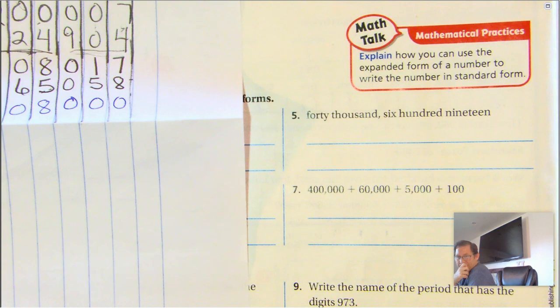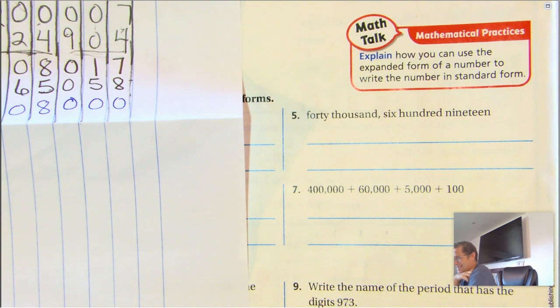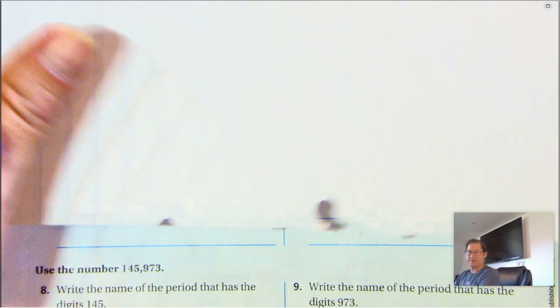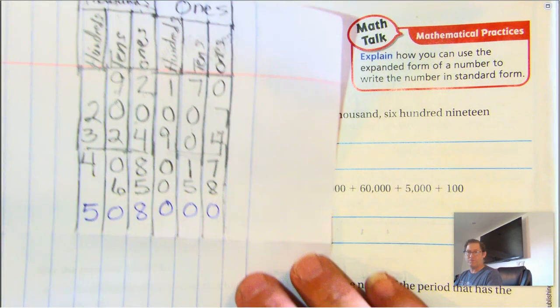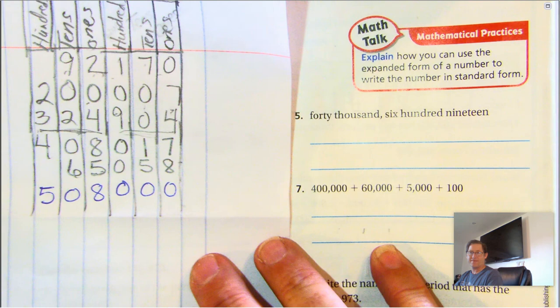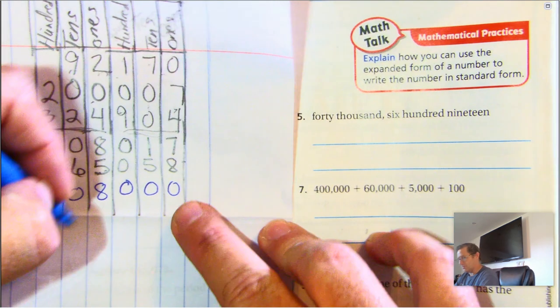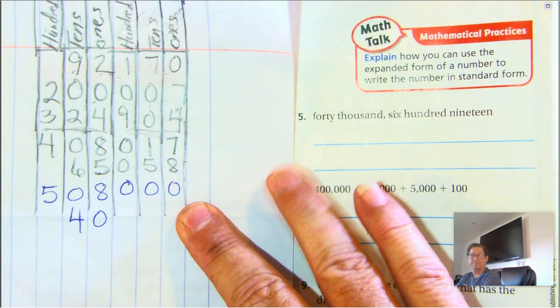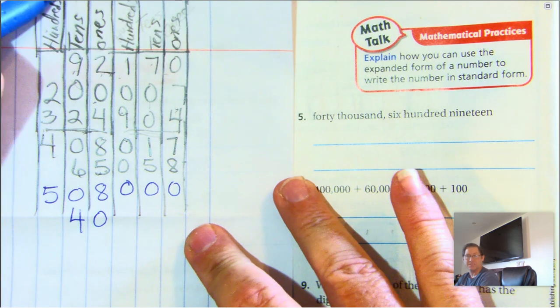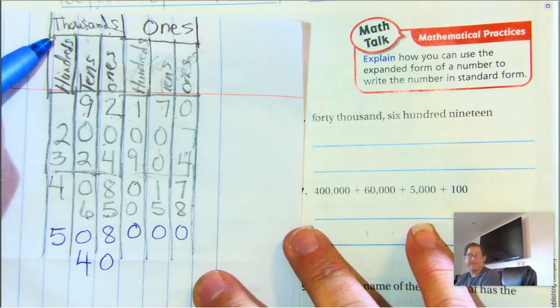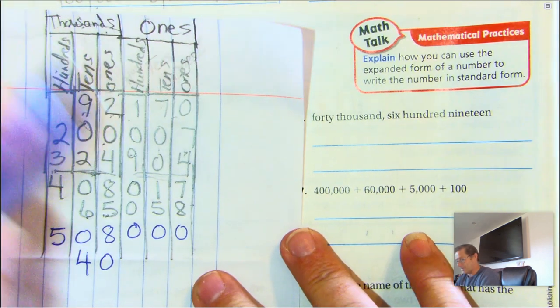So now we have 40,619. All right, so we can do that. How do we write 40,000? So 40 in the thousands place. 40 in the thousands place.